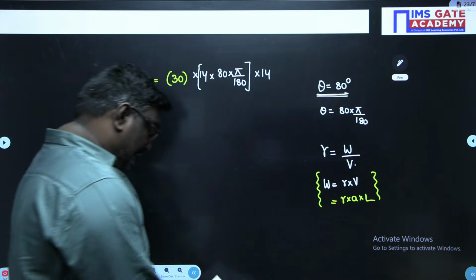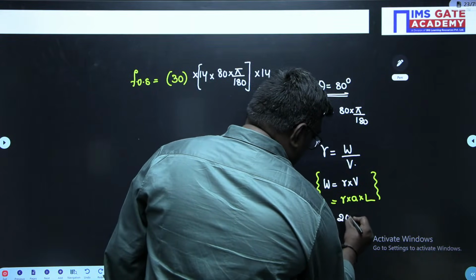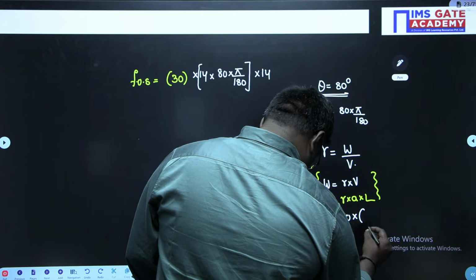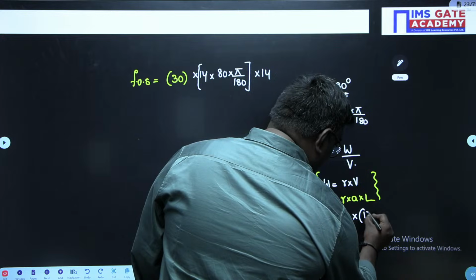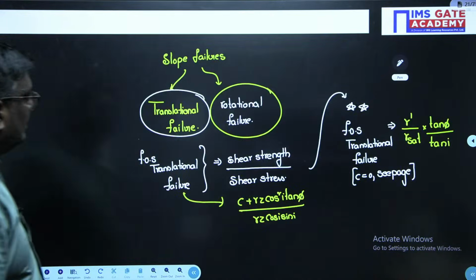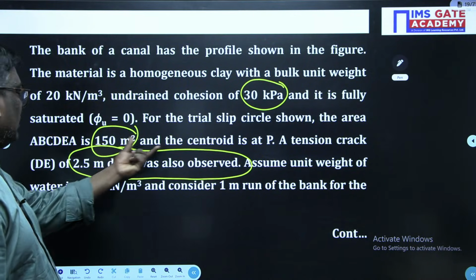Here gamma is given as 20 and area is given as 150 meter square.